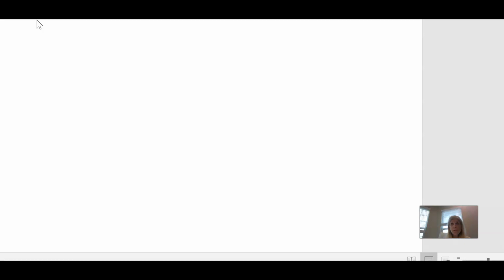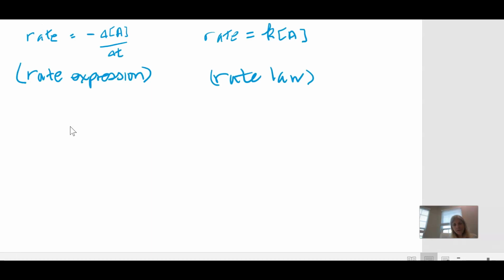The first thing I'm going to do is write the rate expression, and if you'll permit me, instead of writing the rate expression for the sulfuryl chloride, I'm just going to consider that the reactant is A. I've written the rate expression in terms of the reactant, and I've written the rate law for a first order reaction.